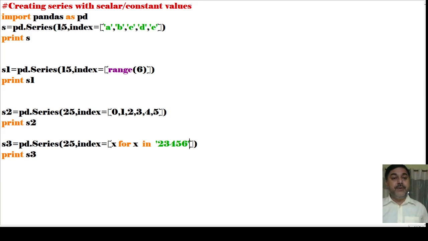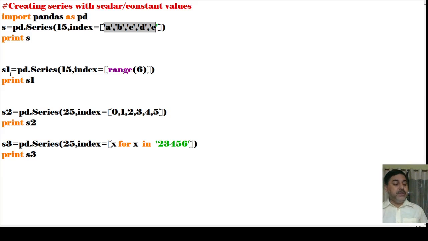I have given 15, and after that I have given the index A, B, C, D, E. See here only one value I have given, but here I have given 1, 2, 3, 4, 5 indexing. Okay, this is the 5 indexing given here. Clear? I have done printing of s.